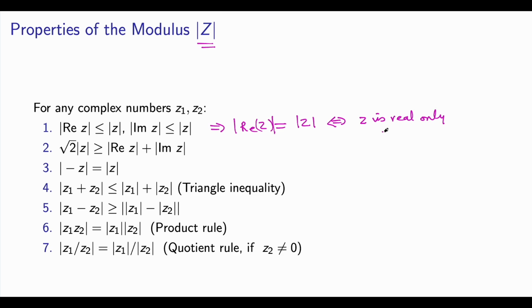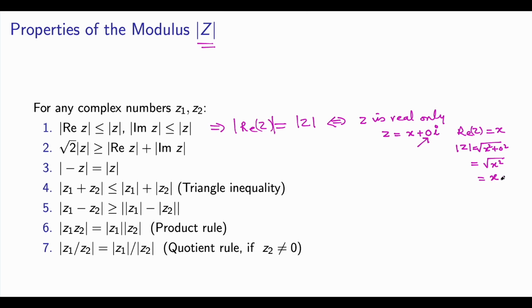z is real only means z can be any real number. z can be of the form x only, right? And if you want to write it in complex form, plus 0 into i. The imaginary part must be 0 in that case. So whenever you take the real part of z, which is going to be x, and if you take the modulus of z, which is equal to the square root of x square plus 0 square, which is nothing but the square root of x square, and that is nothing but x, right?